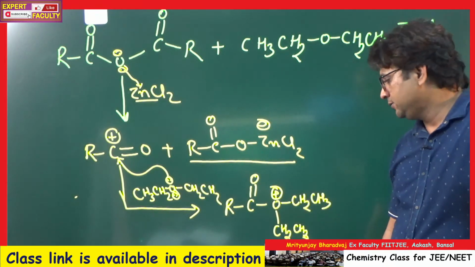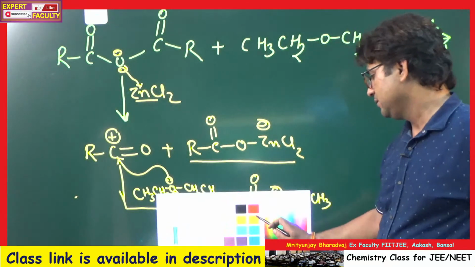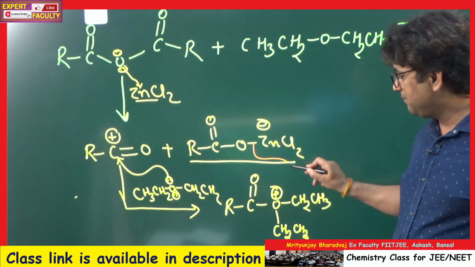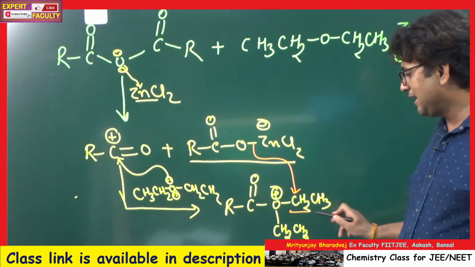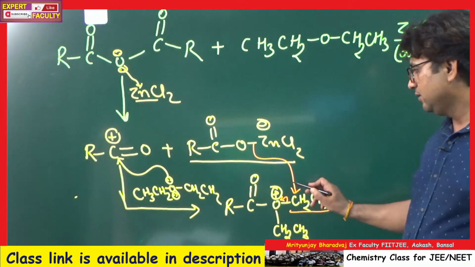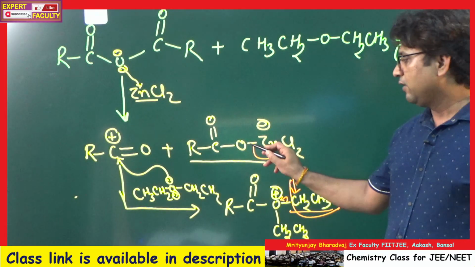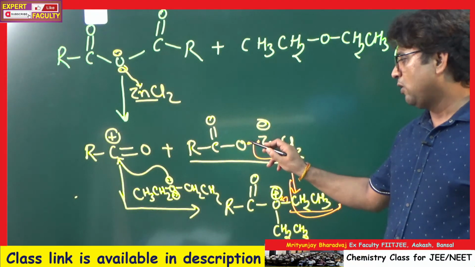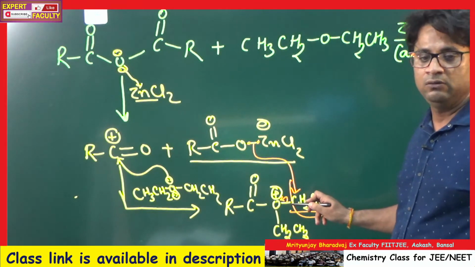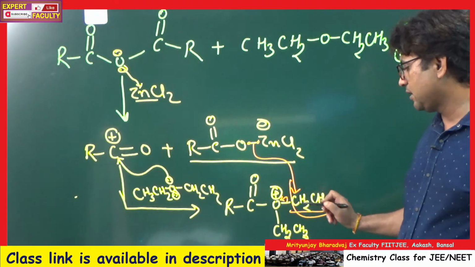Now we can understand. Now oxygen is having positive charge. What will happen? This O will have nucleophilic attack on one of the alkyl groups. The bond pair will be taken by the oxygen and the alkyl group will leave. And the bond shared with the ZnCl2 will now be shared with the carbon.